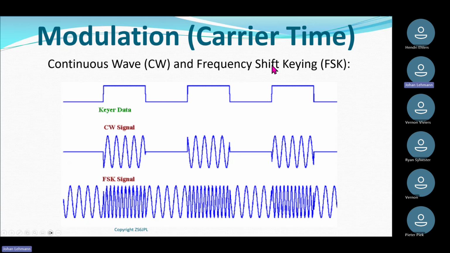So changing carrier time, easy. I either switch on and off the transmitter, or I move the frequency of the transmitter for a short period of time between two fixed or set frequencies, FSK. Okay, so continuous wave and frequency shift keying.